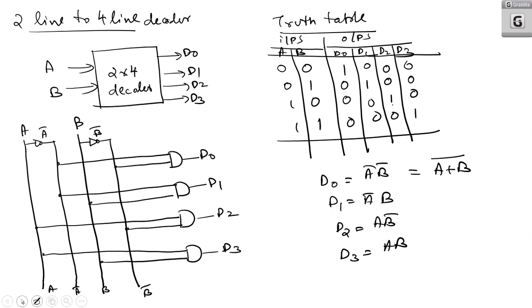Now let me realize this 2-line to 4-line decoder using NAND gates.